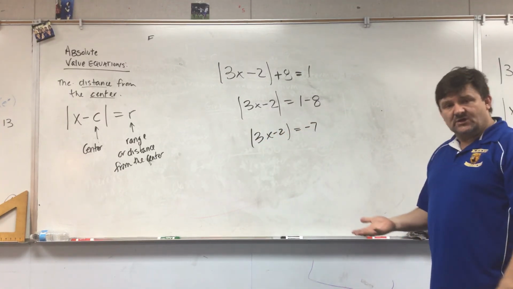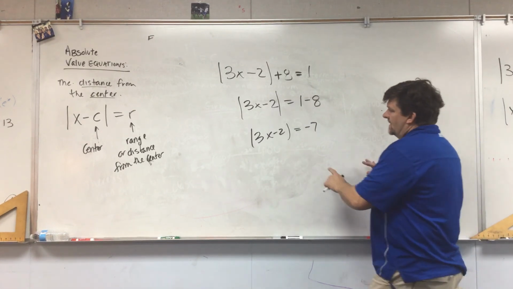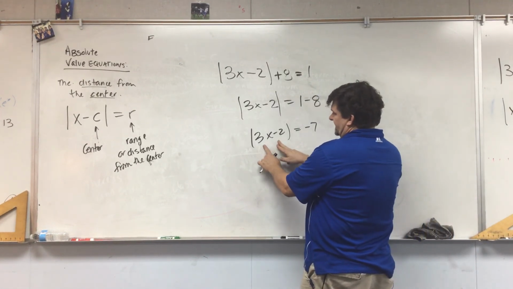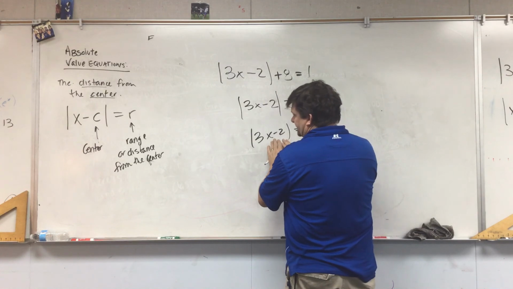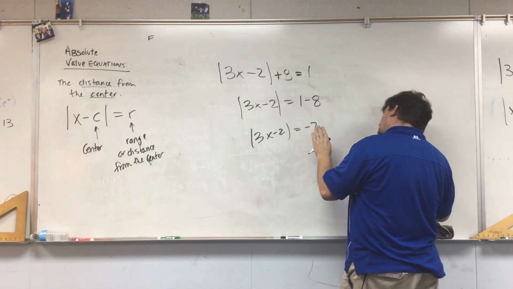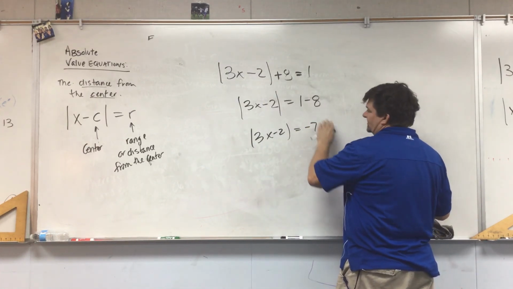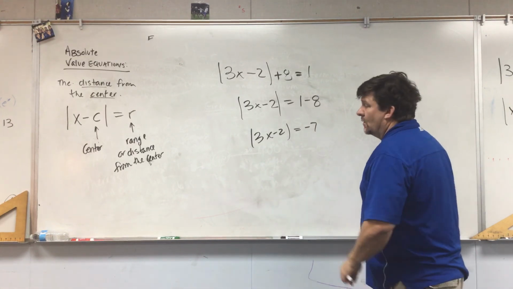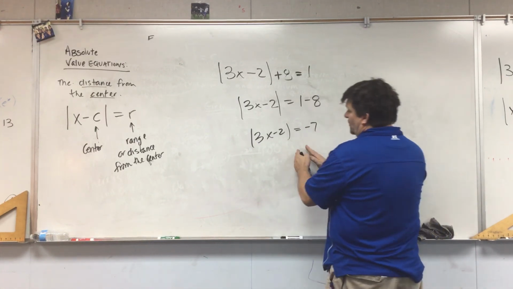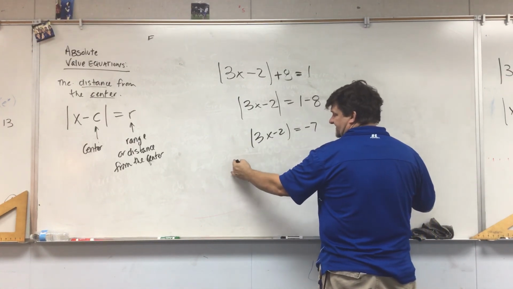Now, here's a question I have for you. This says that this is the center. The center has a distance away of negative 7, or a range on both sides. Can I have a range on both sides of negative 7?